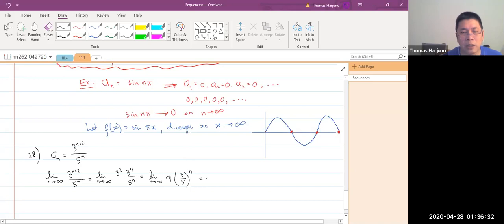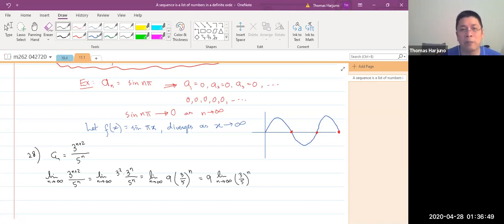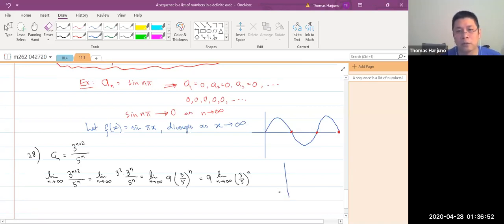Now then, this is 9 times the limit as n goes to infinity of (3/5) to the n. Notice that the base is between 0 and 1, right? If you imagine the graph here, it will be a decreasing exponential function, because the base is positive but less than 1, right?